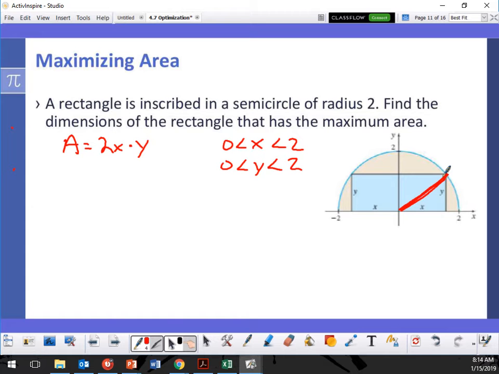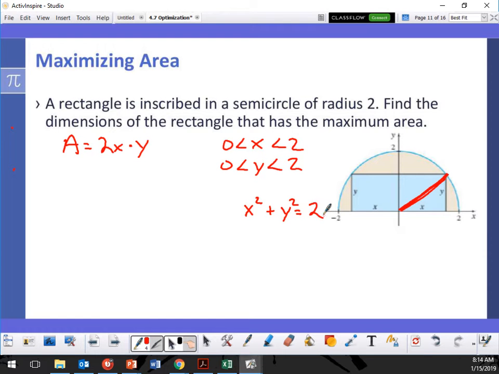And I know that I could replace certain values. I know that x squared plus y squared has to equal what? Radius 2.